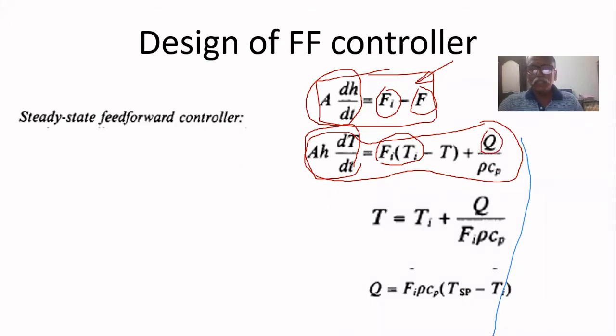If you multiply this by rho Cp, this is the amount of heat accumulated inside that CSTR. And if you multiply this by rho Cp, this is the amount of heat supplied by the feed. And this Fi T rho Cp is the amount of heat removed from the CSTR, plus heat supplied.